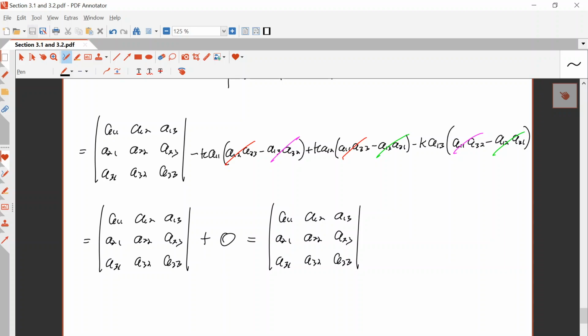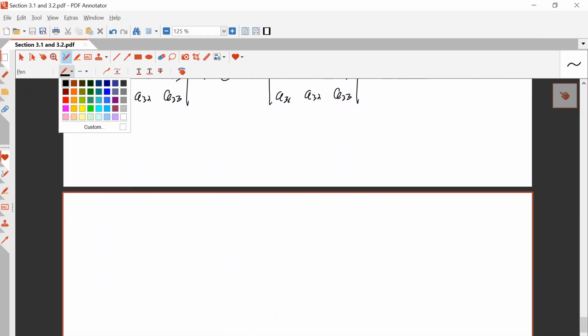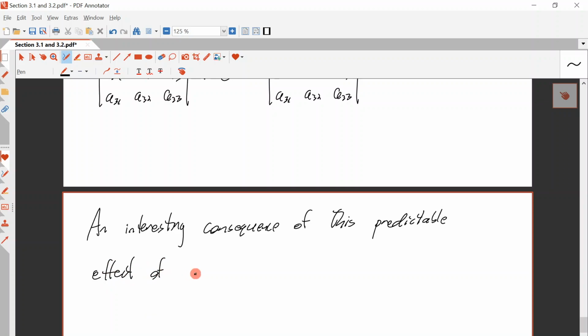A nice consequence of this predictable effect of elementary row operations is the following.